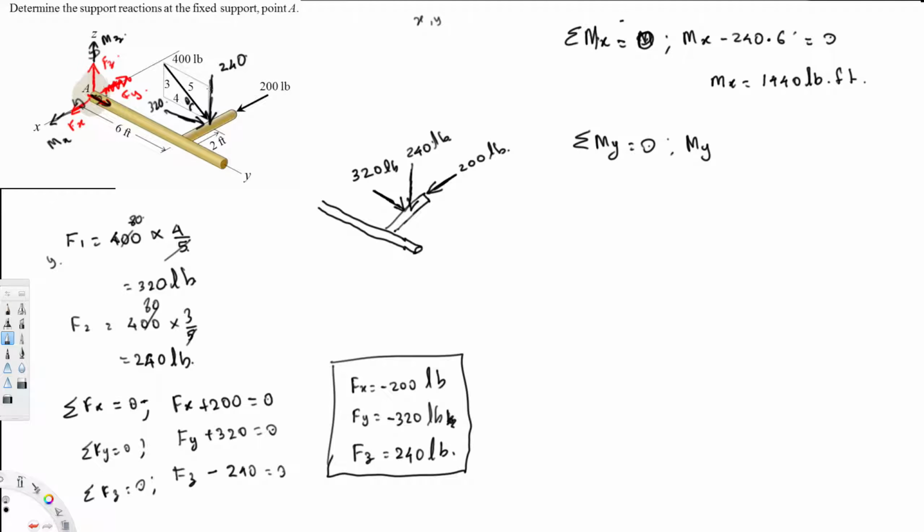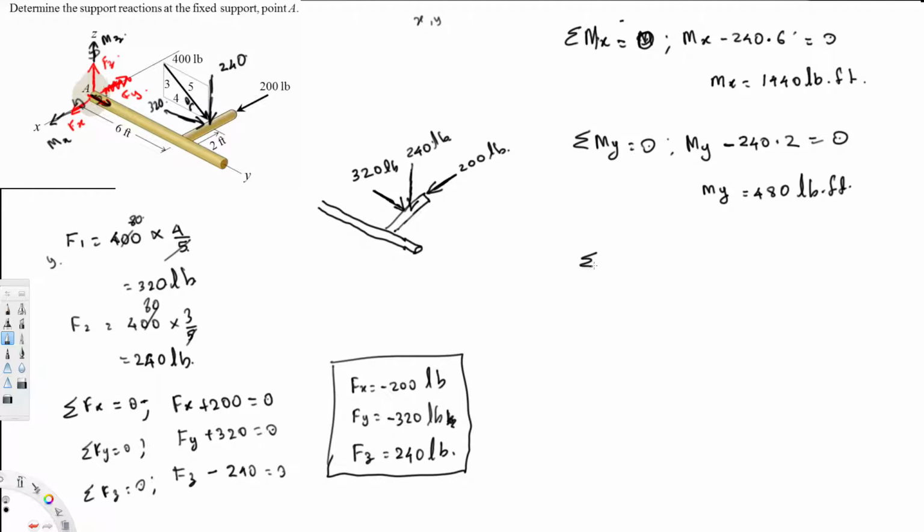For the y-axis, it's still pushing the object down, so it's going to be counterclockwise, so negative 240 times, in this case the distance from the y-axis is 2 feet, so multiplied by 2, which is equal to 0. Then if I solve this, My comes out to be 480 foot pounds.